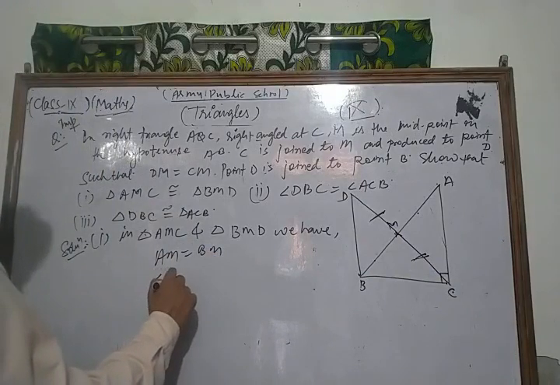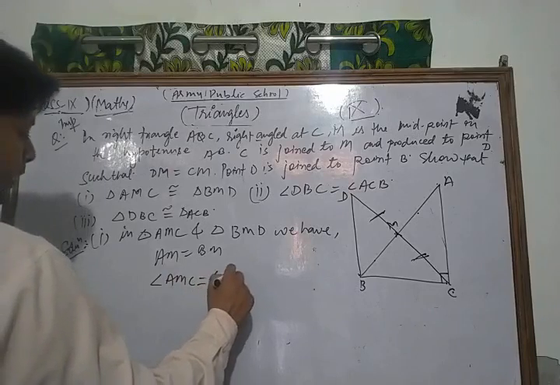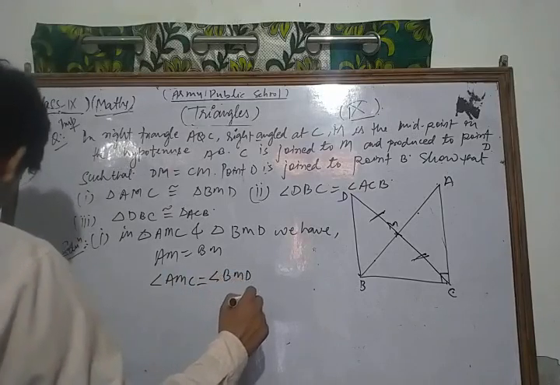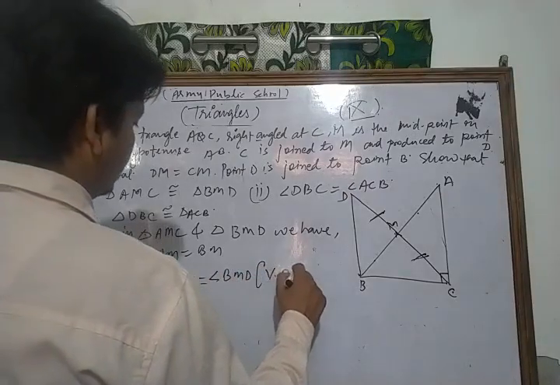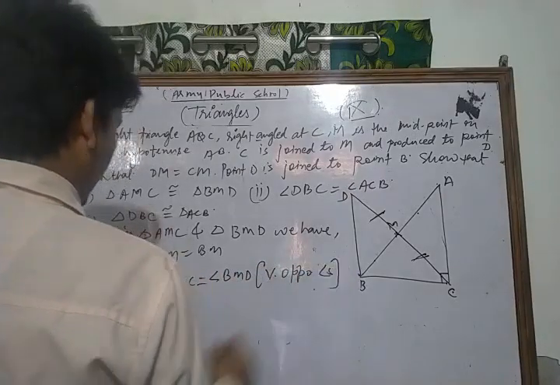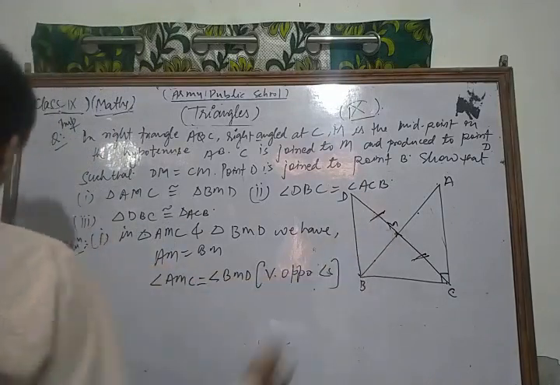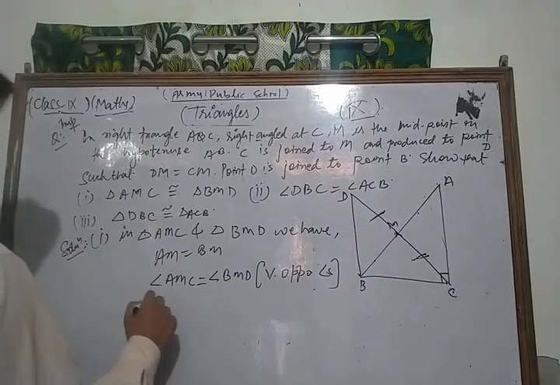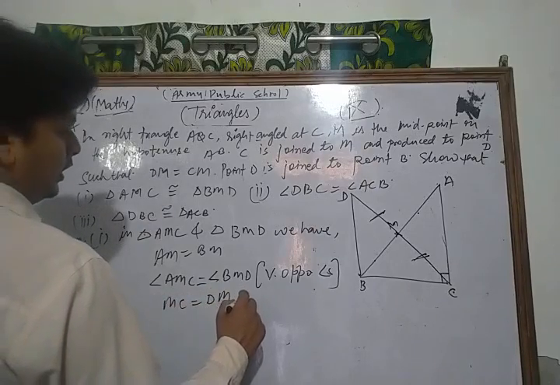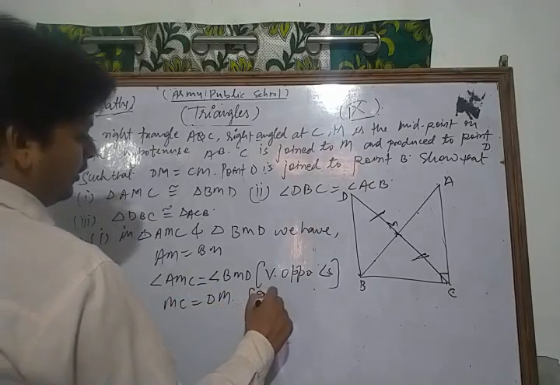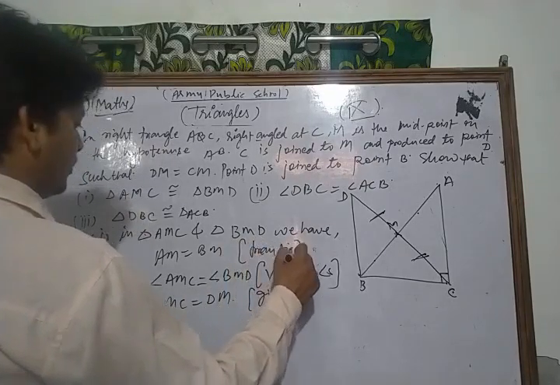Angle AMC is equal to angle BMD. These are vertically opposite angles. And also MC is equal to DM. This is given from the figure.